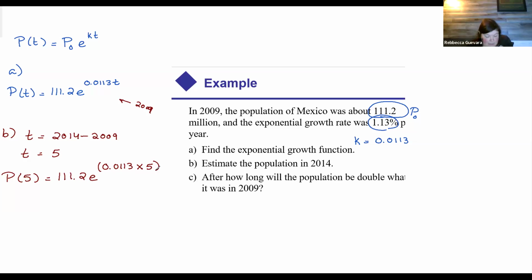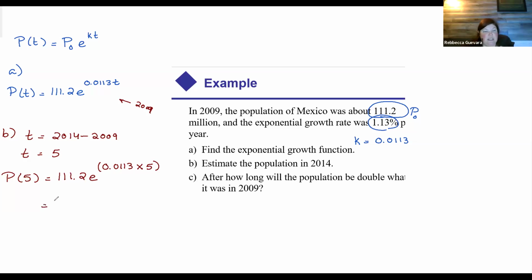So 111.2 e to the 0.0113 times 5. Something on my calculator did not go where it was supposed to. There we go. Sorry, it was just being a pain.